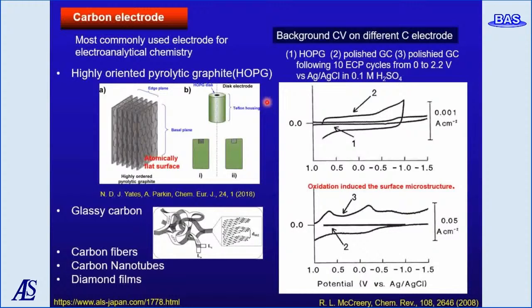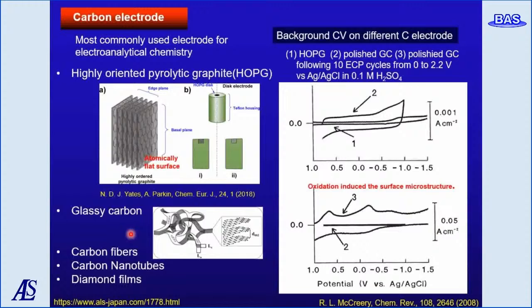Glassy carbon is also called vitreous carbon. It is an amorphous material with intertwining structures of graphite ribbons, obtained by sintering polyacrylonitrile or phenol resin at high temperature under inert gas.